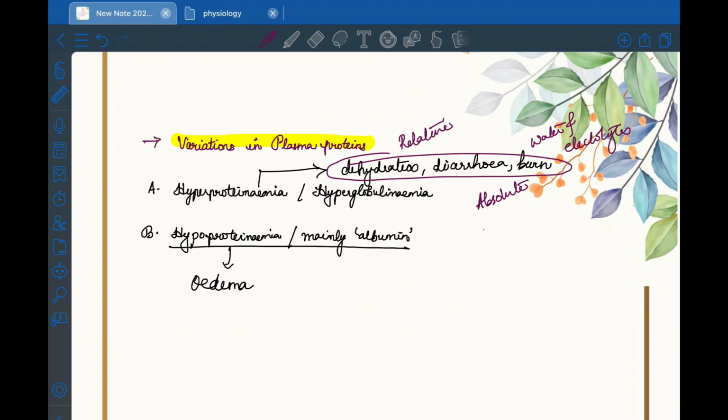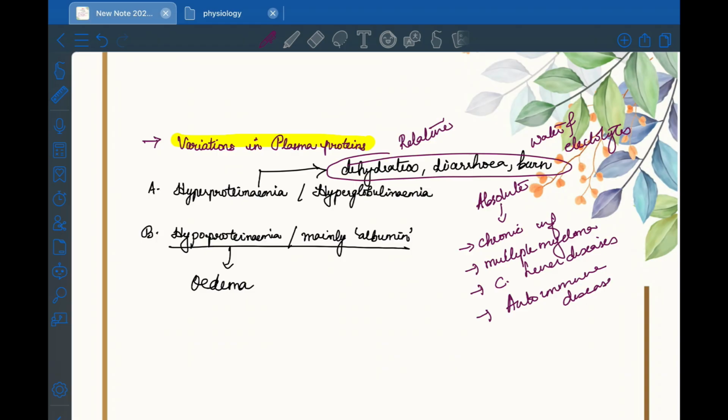This usually occurs in chronic infections, multiple myeloma, then chronic liver diseases, and also in various autoimmune diseases.